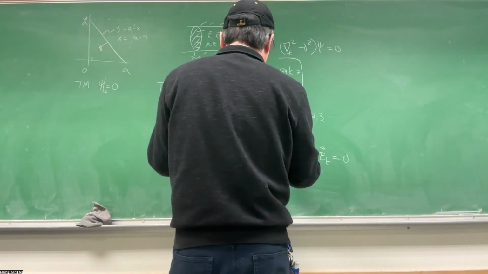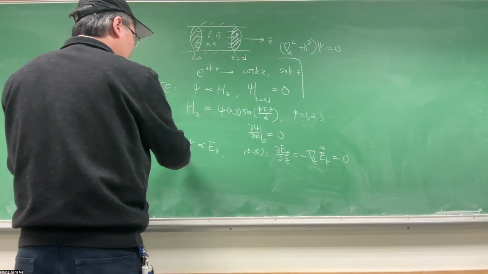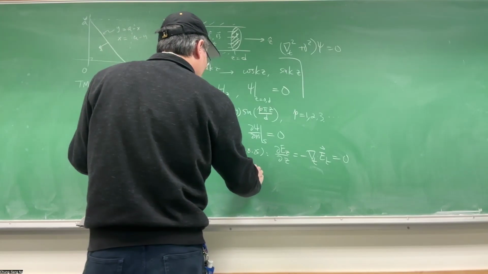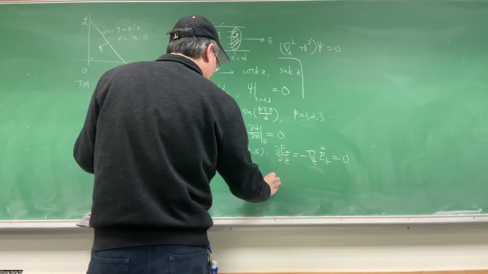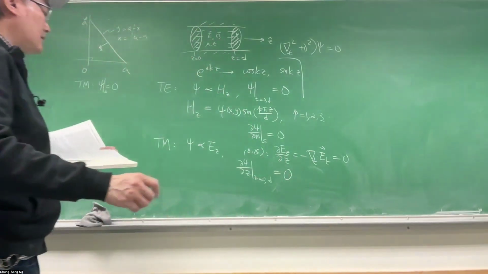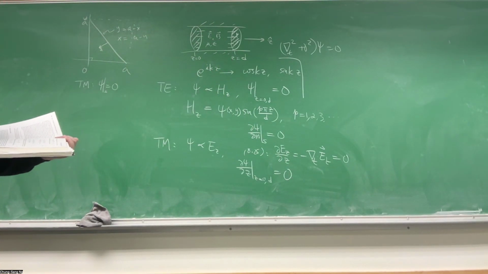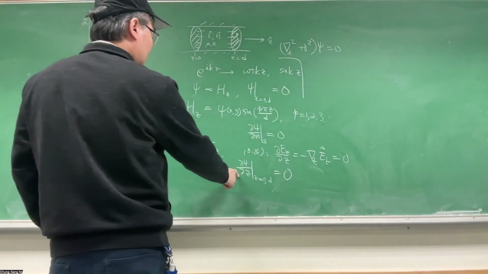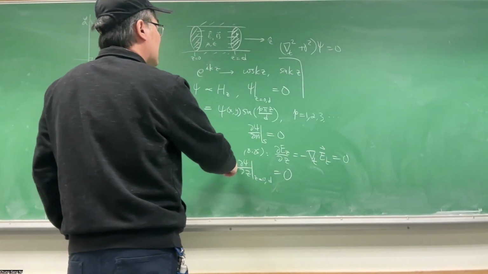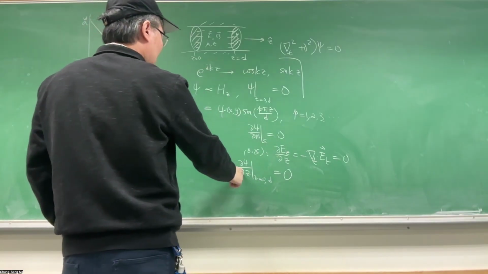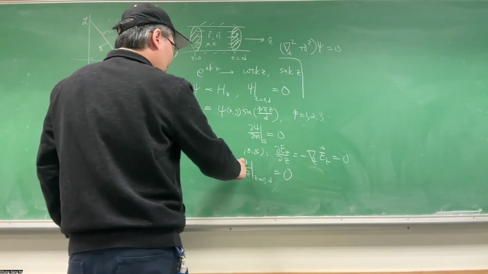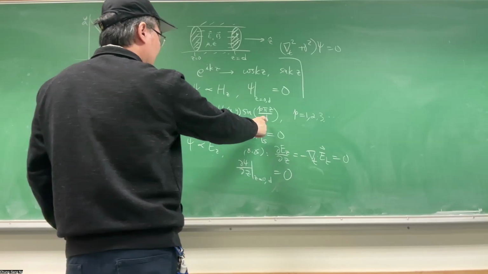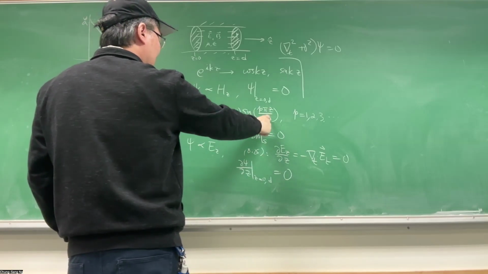So this must be 0. The partial Ez, partial z is 0. So Ez is proportional to psi. So what we want to impose is partial psi, partial z, at z equals 0 or d, equals 0. Right? That is what we want to impose. Now we know that something similar to here, the partial psi, partial z will be 0 if partial psi, partial z on the surface is given by something like sine p pi z over d.